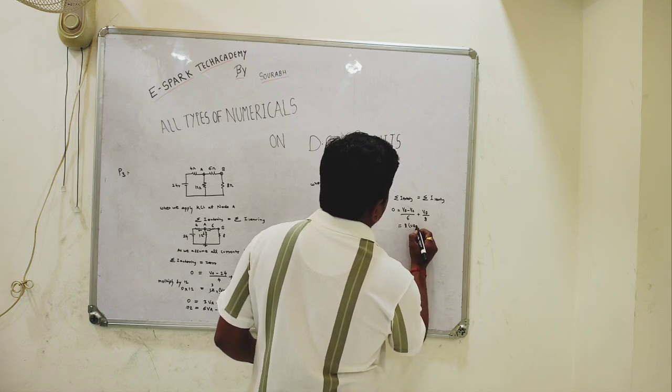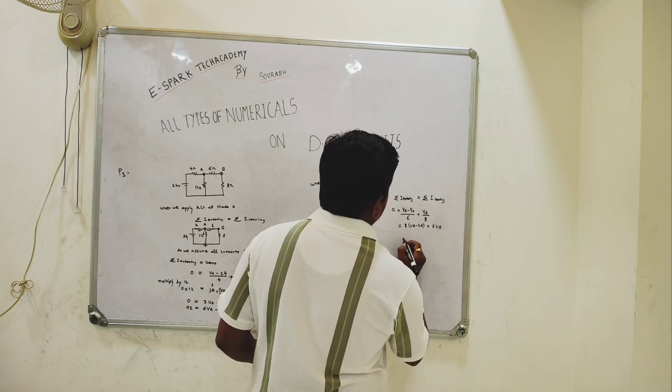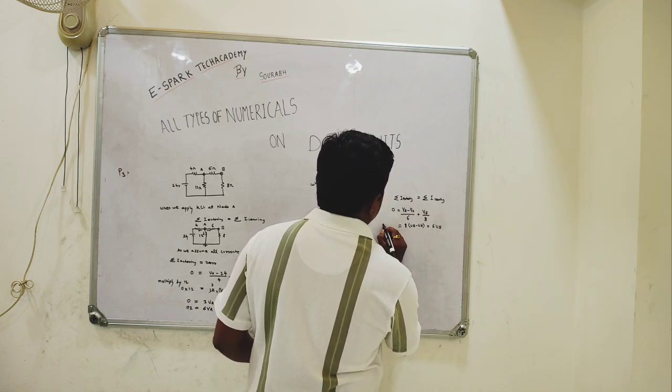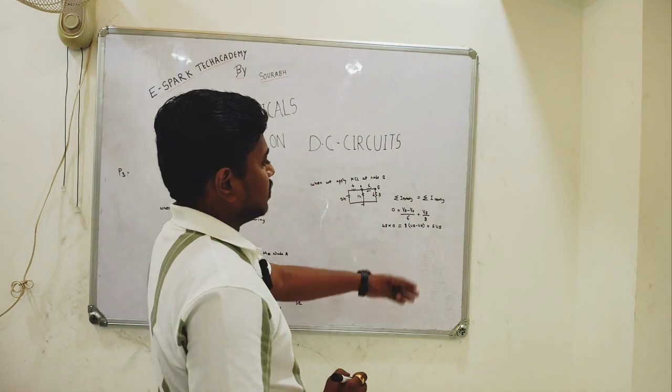8 (VB minus VA) plus 6 VB equals 48 into 0. By solving this, we have just done the cross multiplication.